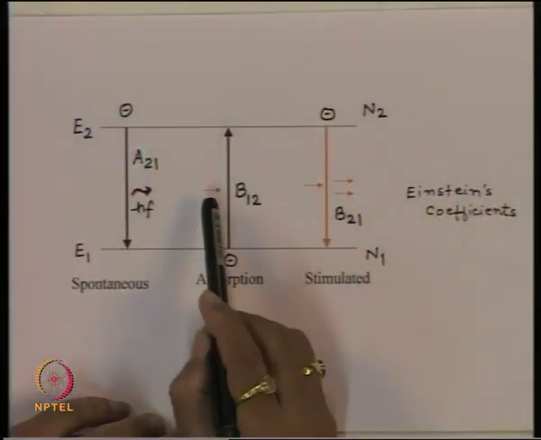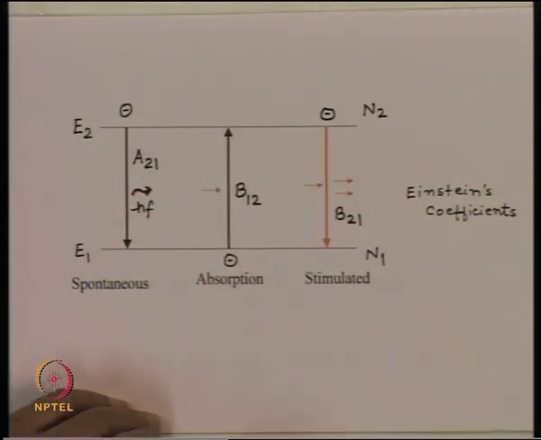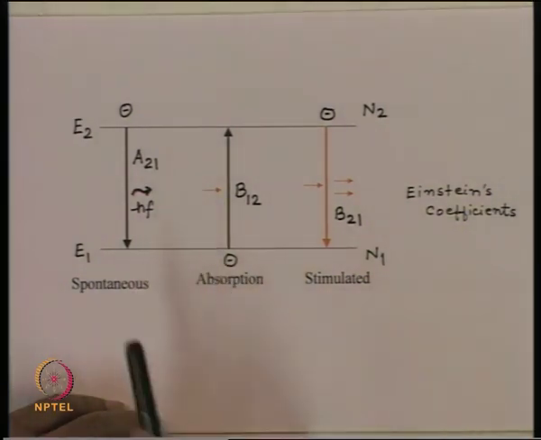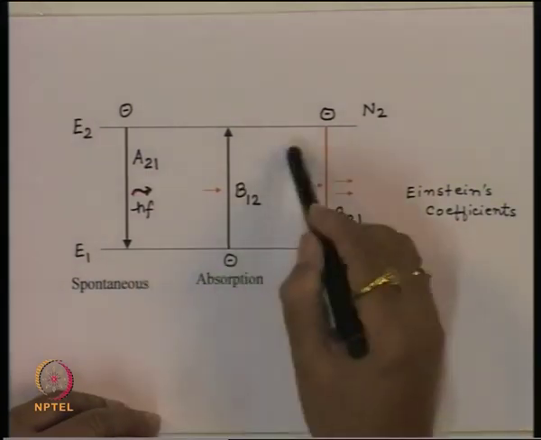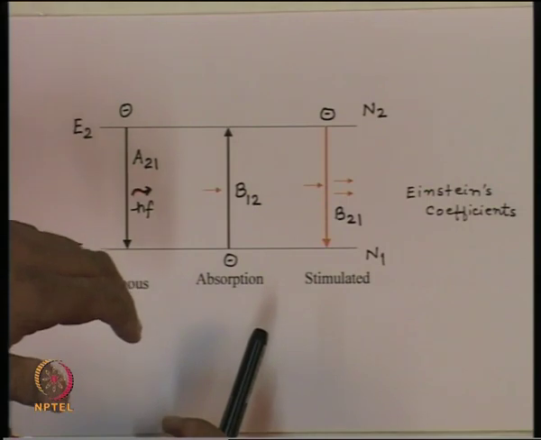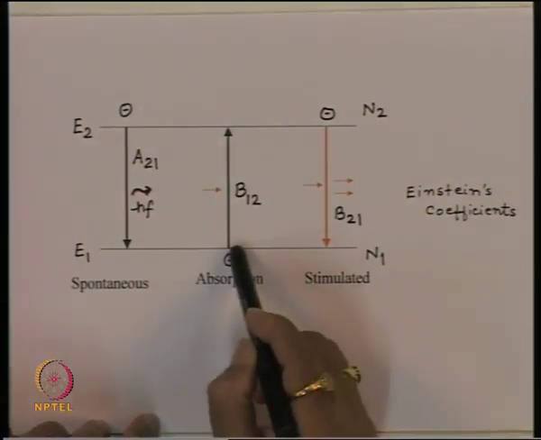However, what one can note here is that when the energy is supplied in the form of this photon for transporting electrons from here for creating population inversion, these photons need not be spatially coherent. So, they may be coming from various directions. Only if they are temporally coherent can they supply the energy which is exactly equal to this difference, and electrons can be transported from here to here.